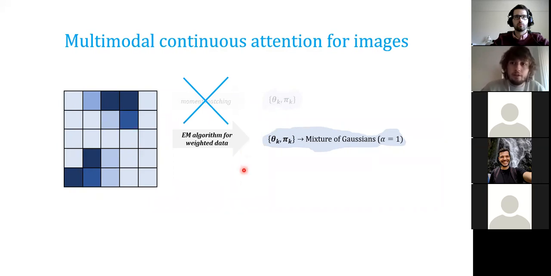And in that context, we adopt the expectation maximization, or the EM algorithm, that seeks a maximum likelihood estimate of the mixture parameters, and it is guaranteed to converge to a local maximum. So we adapt this algorithm in order to make it work with weighted data. And this is a very straightforward approach that we explain in our preprint on arXiv. So if you're interested, I can explain the intuition later.